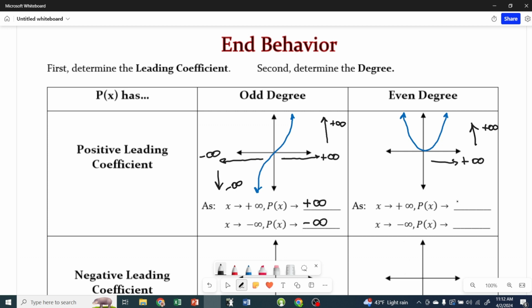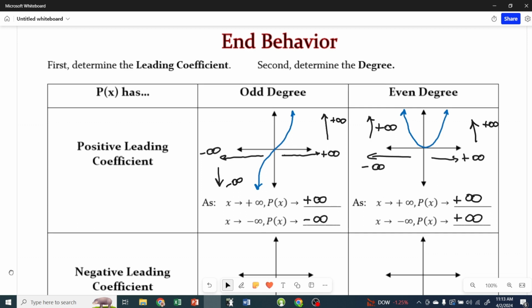So the end behavior as we approach infinity is going to be positive infinity. The difference here is as I approach negative infinity, I'm still going up over here, so that goes to positive infinity as well. So even degrees go in the same direction, odd degrees go in opposite.